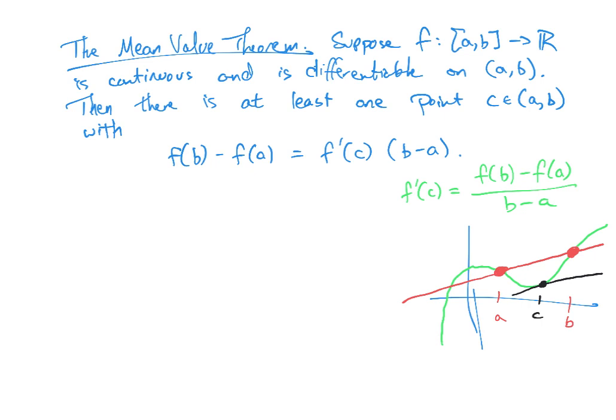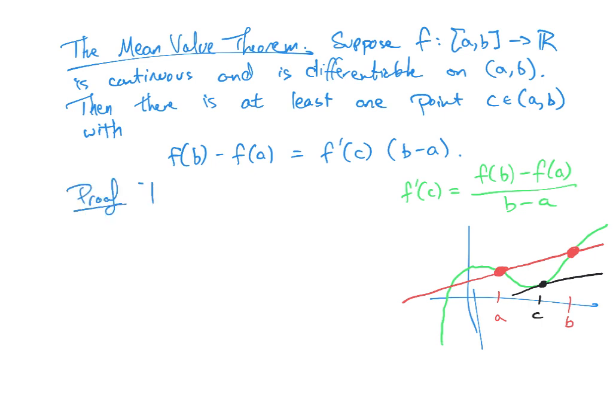Okay, now we're going to prove this using Rolle's theorem. So I need Rolle's theorem applied when the function had the same value on the two ends of this interval. So I'm going to define a new function that does have the same value on the two ends of the interval.